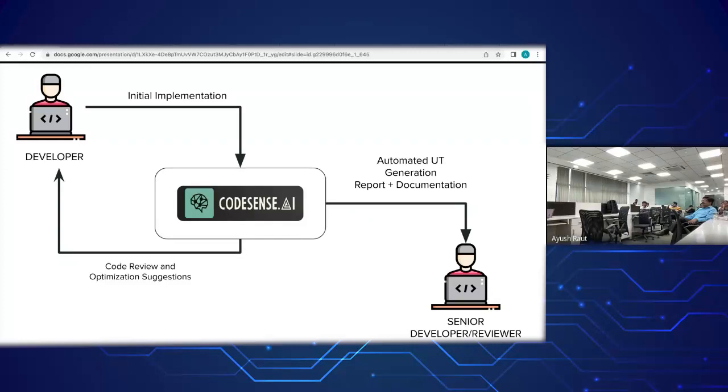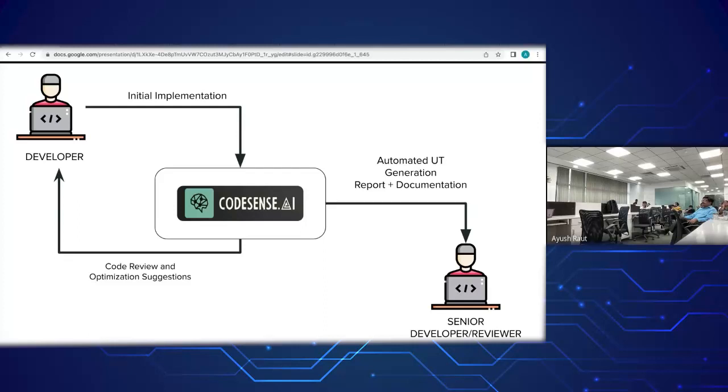So we will have that whole plan. We can provide it back to the code base and CodeSense.ai, and it would have the capability of generating tickets, and having all of this, code review and code optimizer suggestions, as part of tickets.